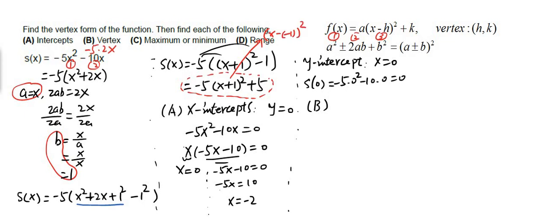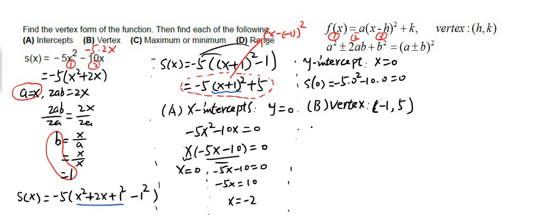So the h should be negative 1. That means the vertex (h, k) has h equal to negative 1, and k is 5.